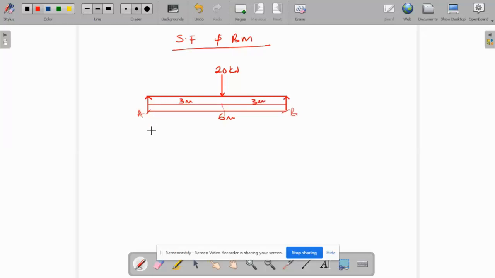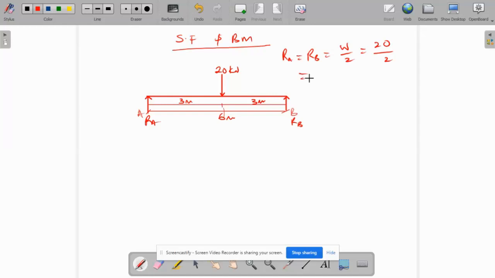Here we want to know reaction A and reaction B. Because the beam is symmetrically loaded, reaction A will be equal to reaction B and will be equal to W over 2, our load over 2, and it's equal to 20 over 2.